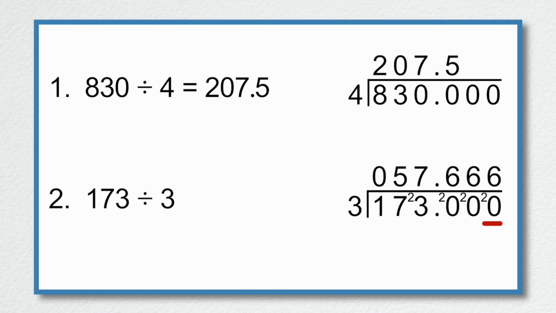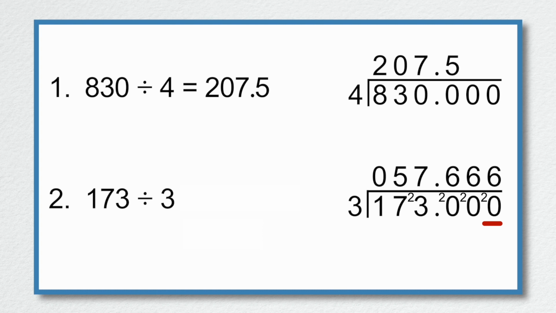We appear to be stuck in a loop. We keep on getting a remainder of 2, so we get a calculation of 20 divided by 3, which is going to equal 6, because 6 3s are 18, and then we get another remainder of 2. And this will continue on and on.